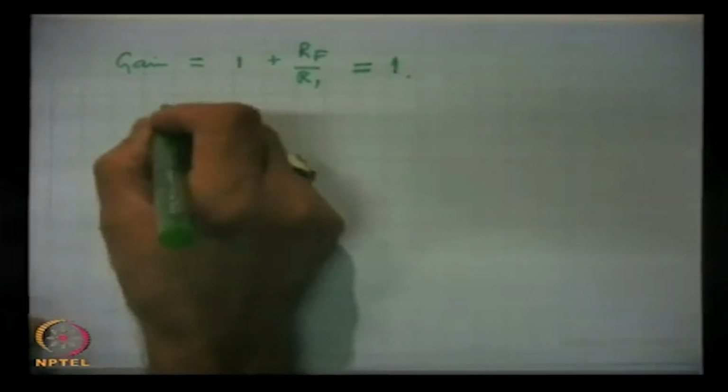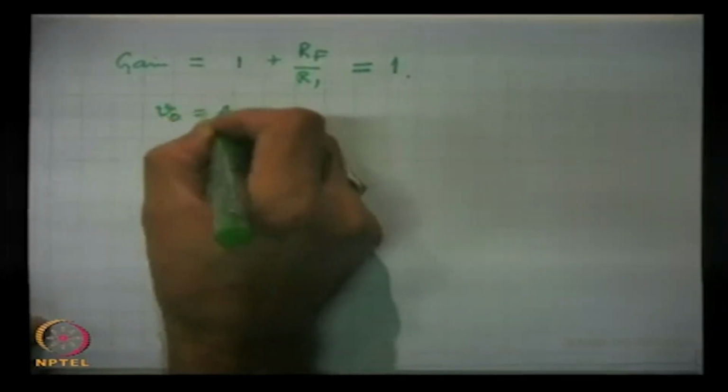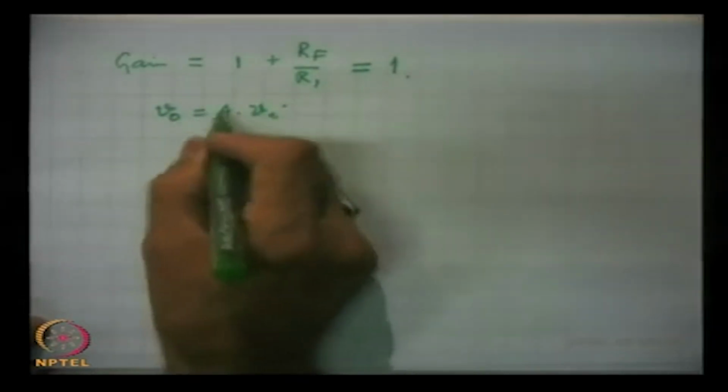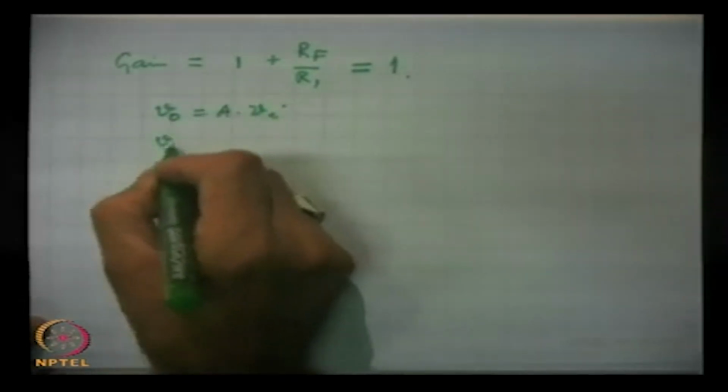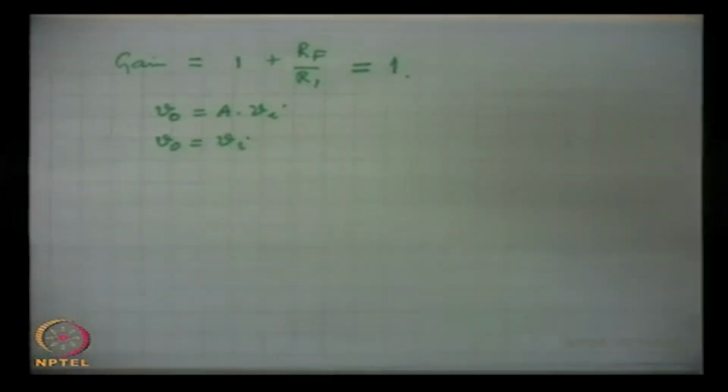When gain is 1, V out is gain into V in, and since this gain is 1, V out is equal to V I. This is what in emitter follower, from where the name comes.